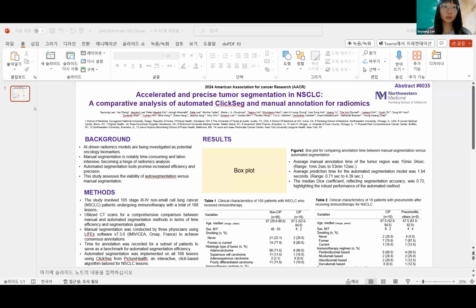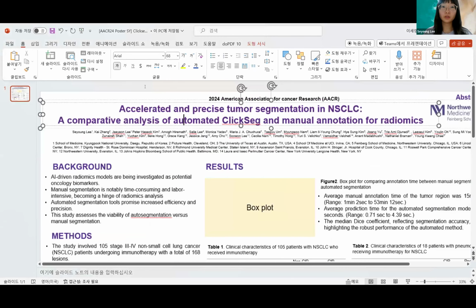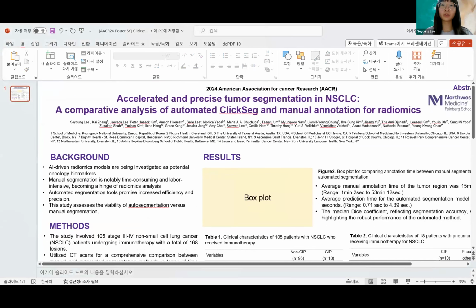So this one is the ClickSeg one. The title is Accelerated and Precise Tumor Segmentation in NSCLC: Comparative Analysis of Automated ClickSeg, a name that Picture Health gave, and Manual Annotation for Radiomics. So it's basically comparing the manual segmentations versus the auto segmentation that Picture Health has made.